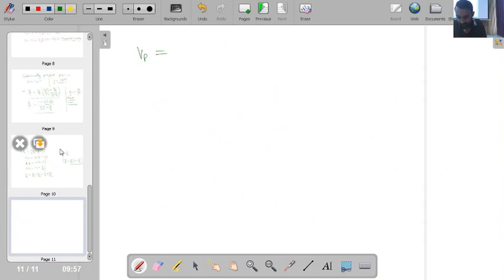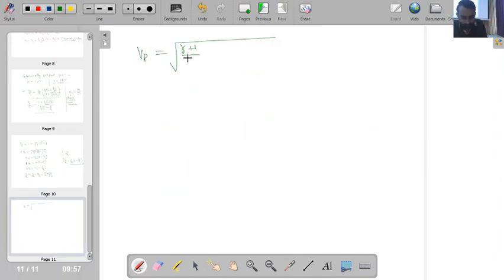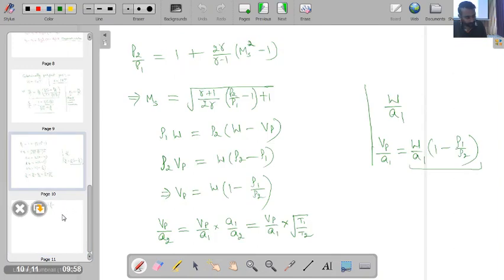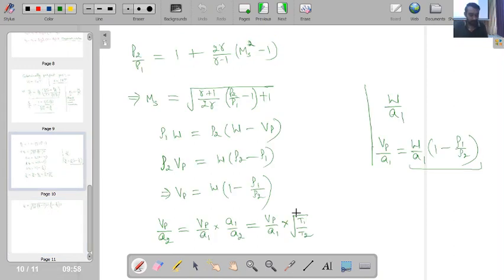My Vp will become square root of gamma plus 1 by 2 gamma times P2 by P1 minus 1 plus 1, times 1 minus rho 1 by rho 2, and multiplied by square root of T1 by T2.